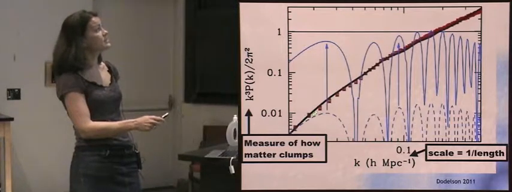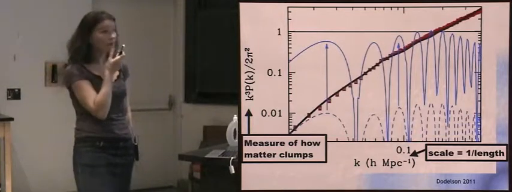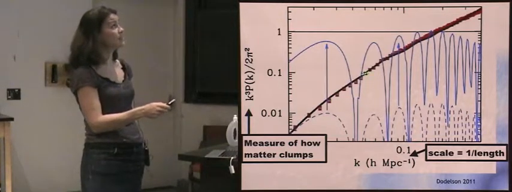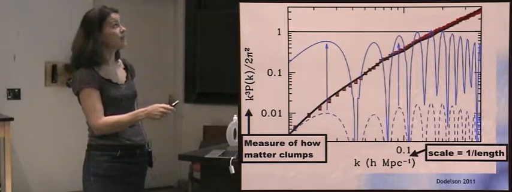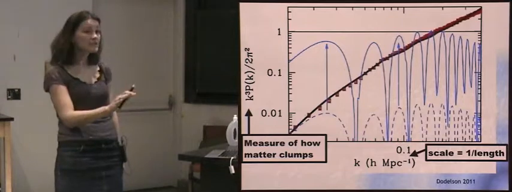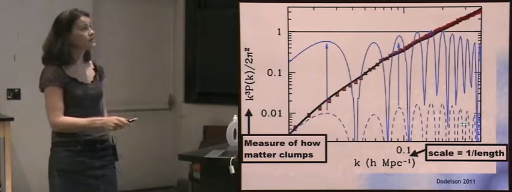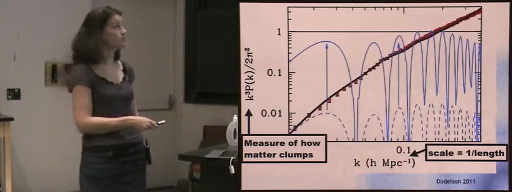And the results of that data are shown as the red data points here. Our theory, which includes cold dark matter, is shown as the solid black line. So you can see it fits the theory really well. If you don't have any dark matter, if you just have the luminous material that we see, then you get this blue dashed line here. So this is wildly discrepant with the observations.